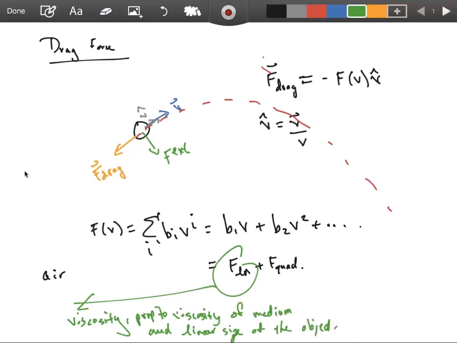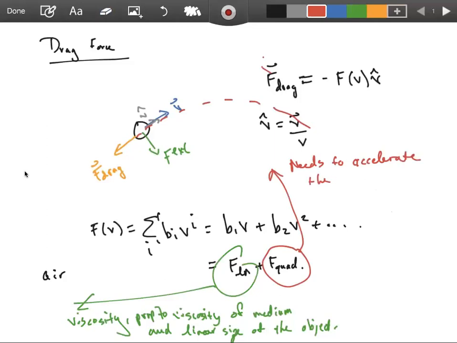Now, the quadratic one, which is the one that we looked at when we talked about it in 205 a long time ago, basically comes about mostly from the fact that the object has to try to accelerate the air or the fluid that's in front of it out of the way. So this comes from the fact that it needs to accelerate fluid out of the way.